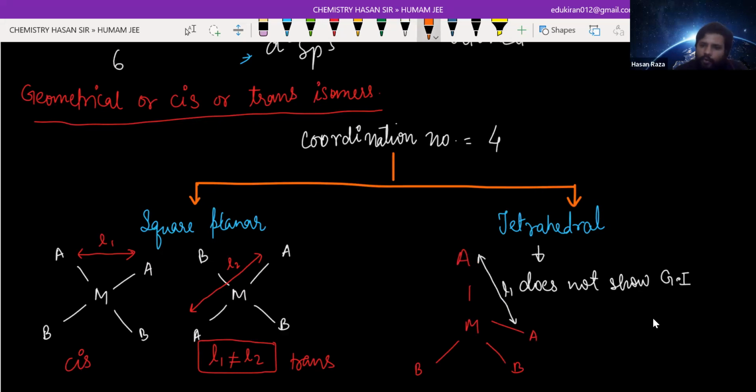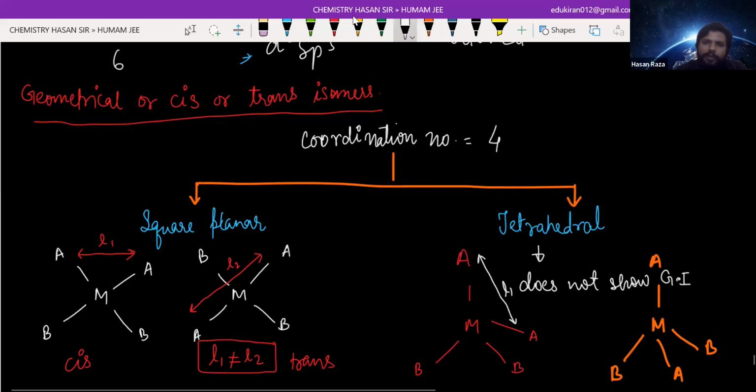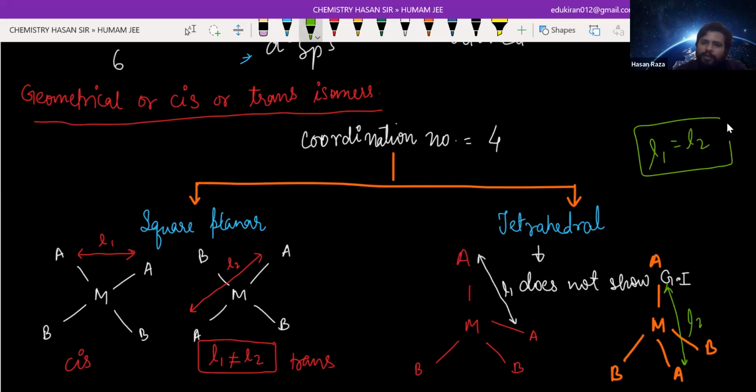Now, with M, A is there, then comes B, then A, then B. If you measure the distance between these two A's, L2, they are equal. L1 is equal to L2. The distance should not be equal if you change the position. Since the distance is equal, tetrahedral does not show geometrical isomerism. Are you getting my point?